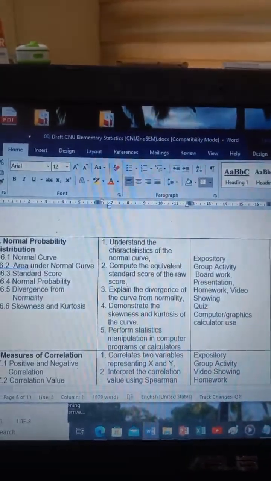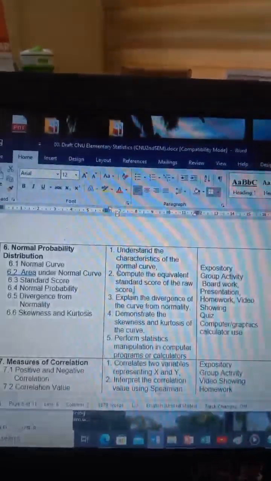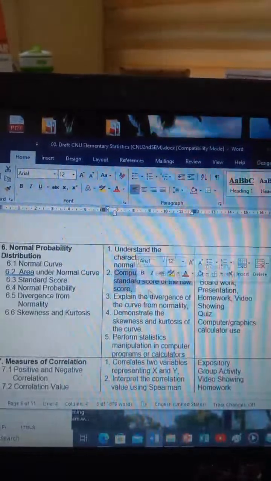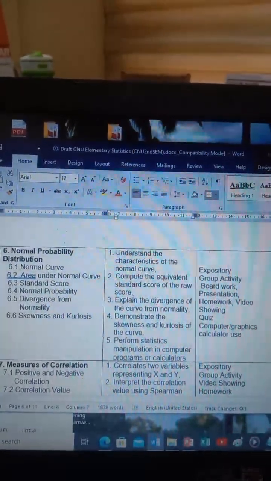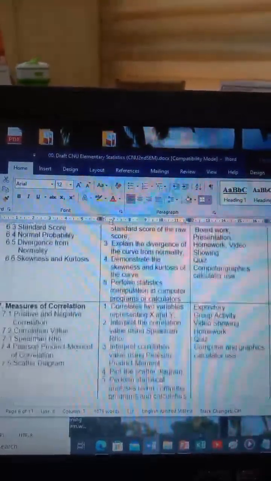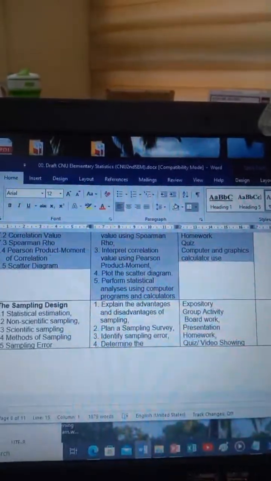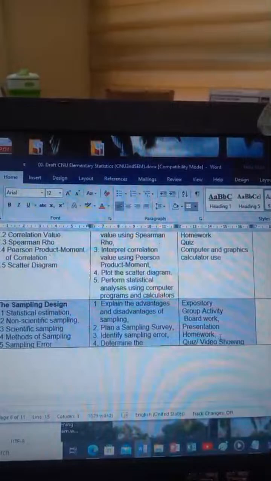We have done the characteristic, of course. We have not yet done this one; we've only shown the formula. So instead of just this, we're going a little bit deeper. This is the target that we have now. We need to do this, and then the sampling design, and this is the last part.